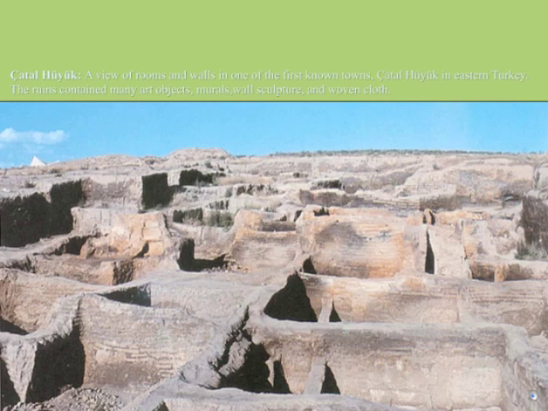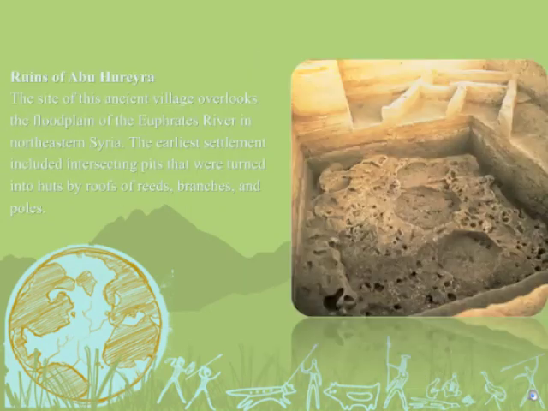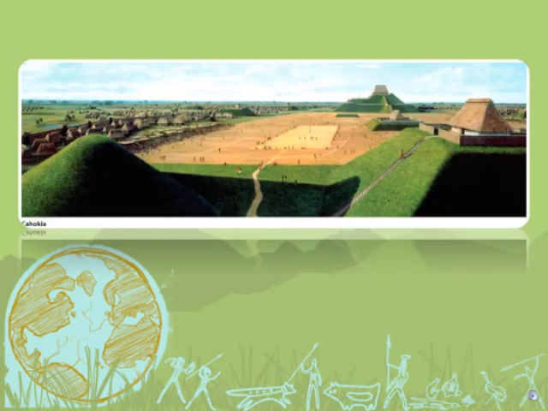This is in the northern part of Turkey today. And here is the structure of your buildings. Here are some of the ruins in the Euphrates River area, so you can see some of their housing. This is over in the Americas.